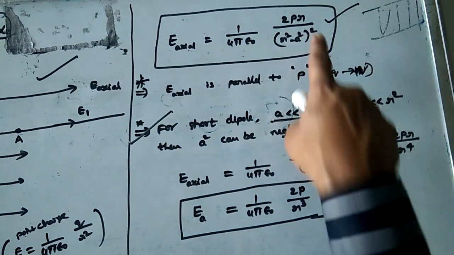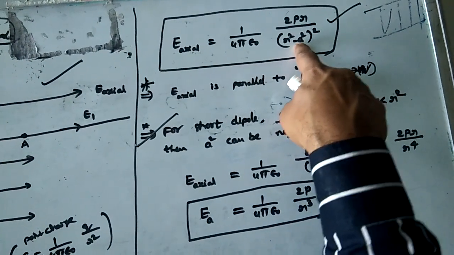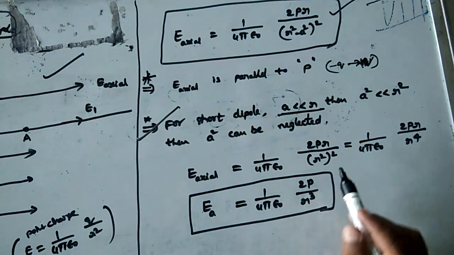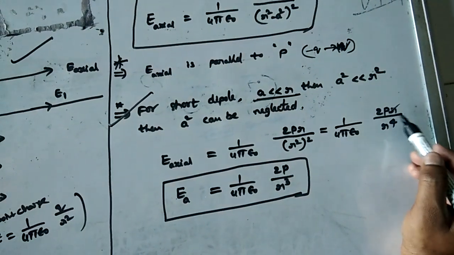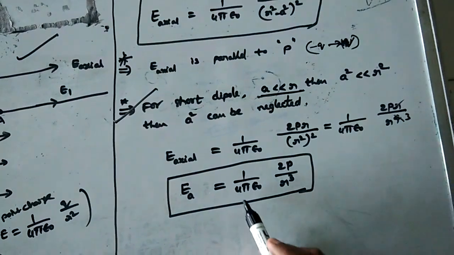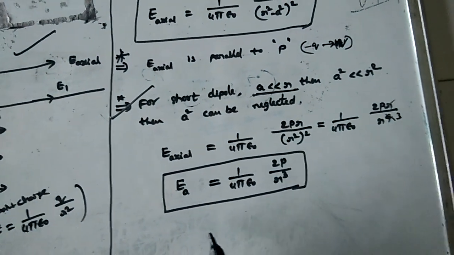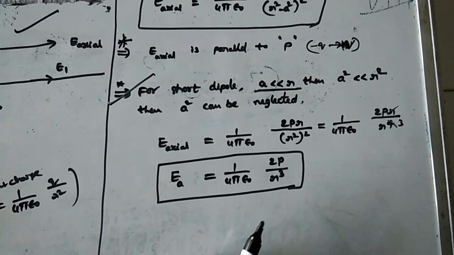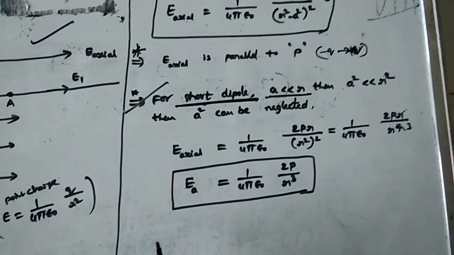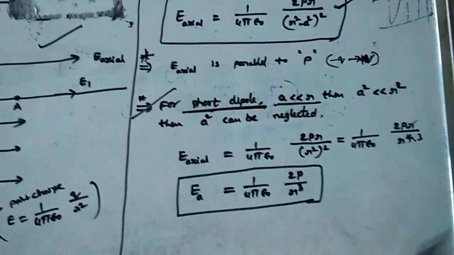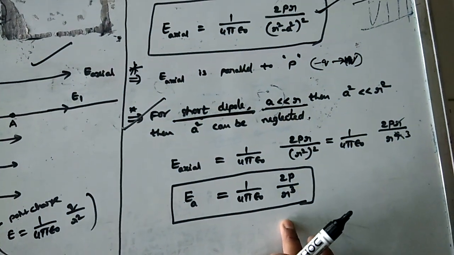If you neglect a square, you get (R square) whole square, which is R power 4. One R cancels, and 3 remains, so the value is 2P by R cube. Most of the time they will mention a short dipole. So remember, this is the general formula for a long dipole, and this is for a short dipole.